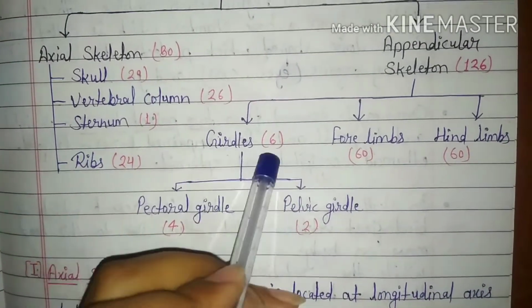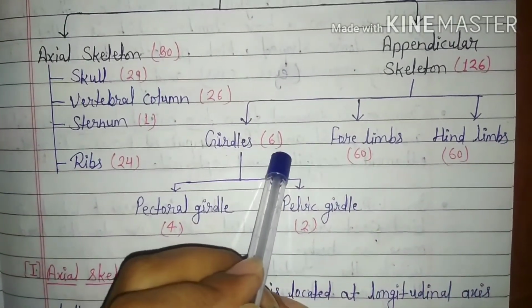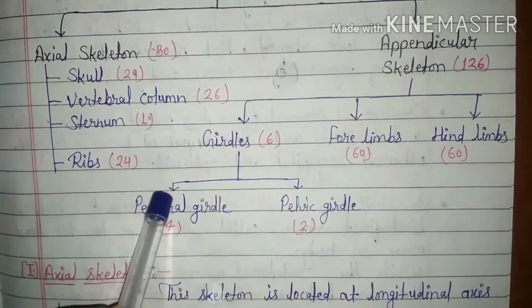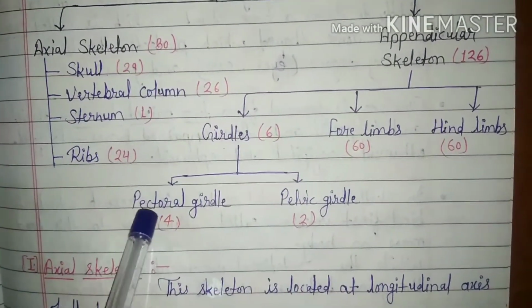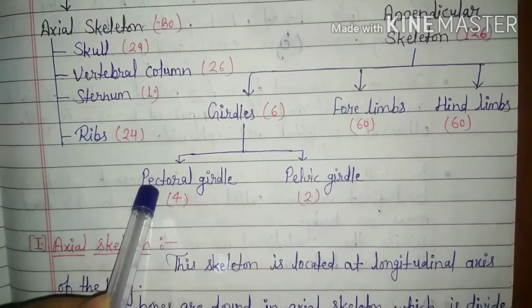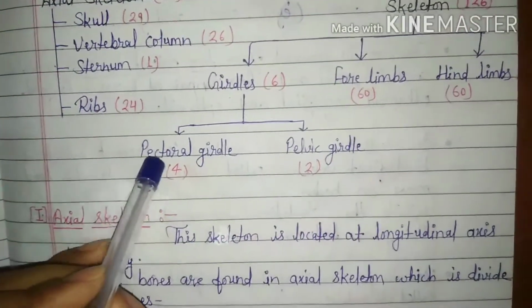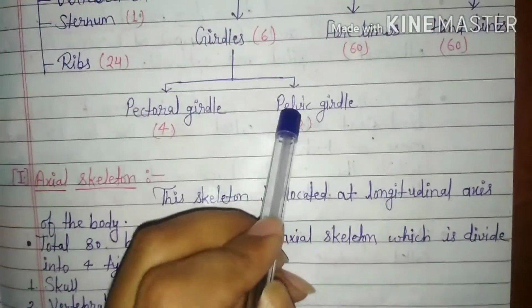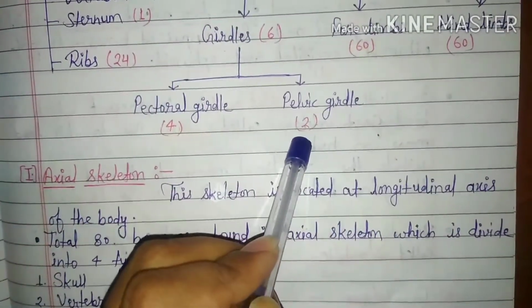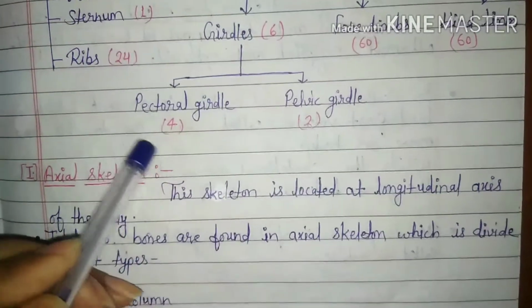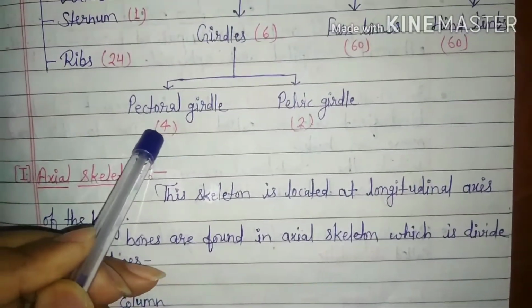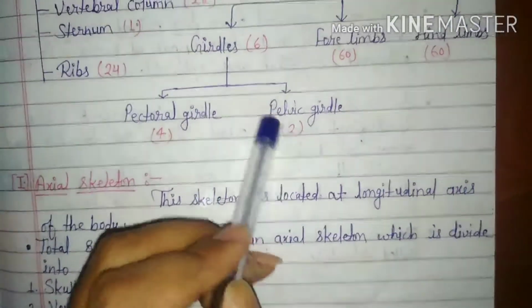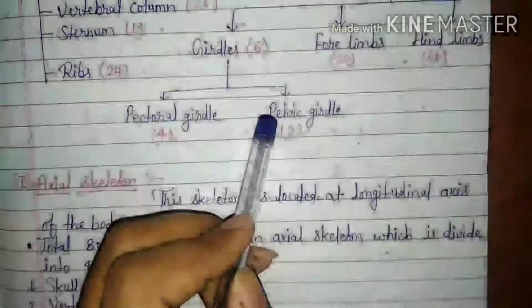In the girdles, a total of 6 bones are present, and girdles are divided into two parts: the pectoral girdle, which is located at the shoulder region, and second, the pelvic girdle, which is located at the pelvic region. 4 bones are found in the pectoral girdle and 2 bones in the pelvic girdle.